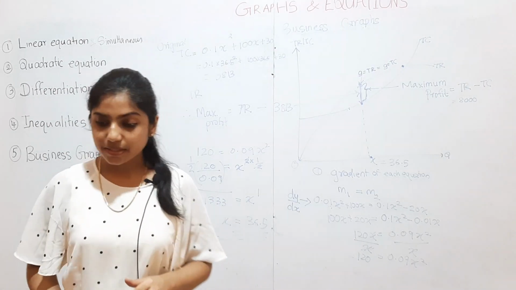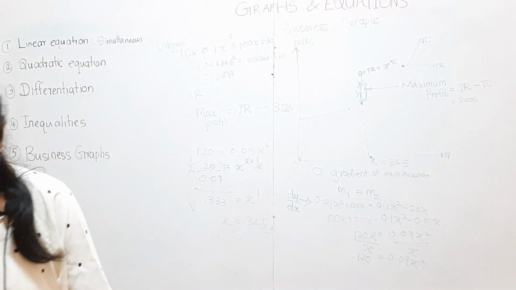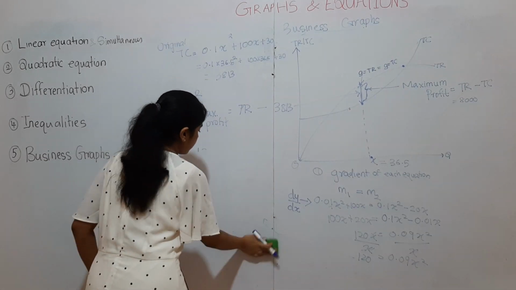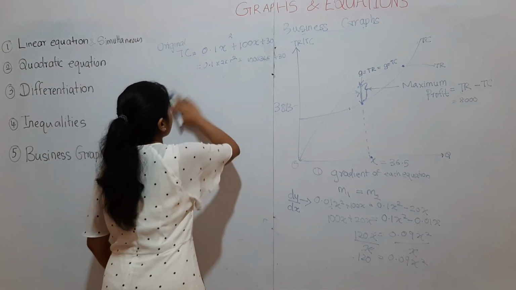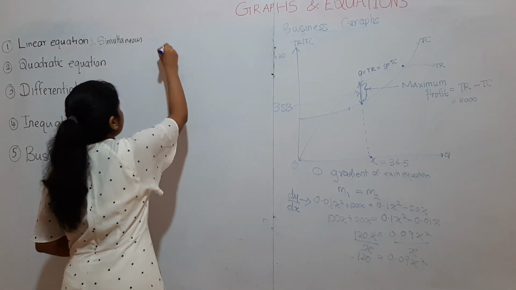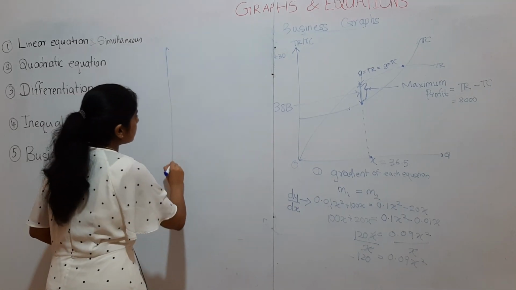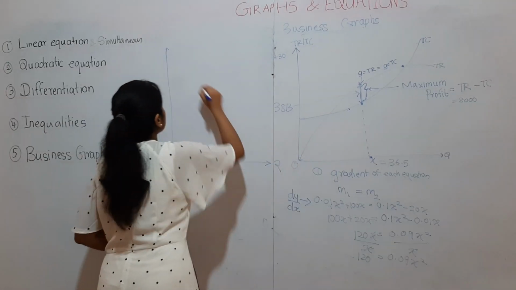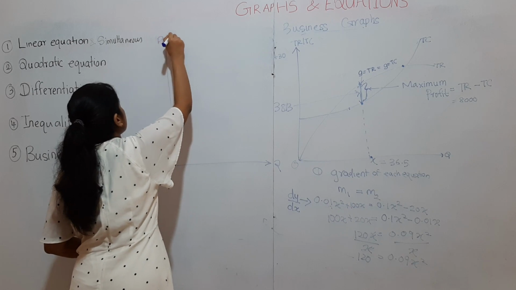So with that, let's finally see the profit diagram and then we can wind up. So the profit diagram, in a quadratic expression, this is the quantity, this is the profit we'll say.